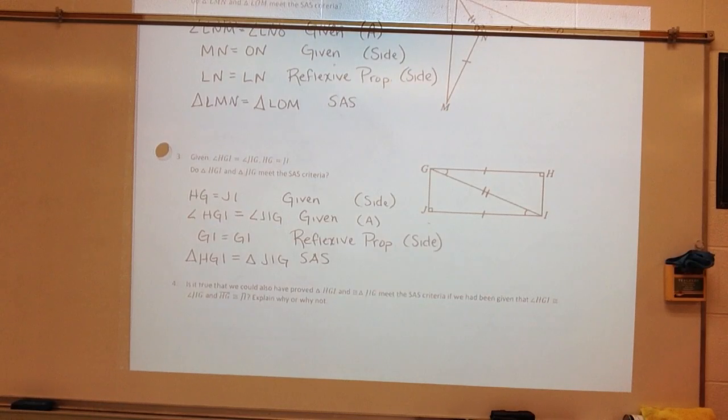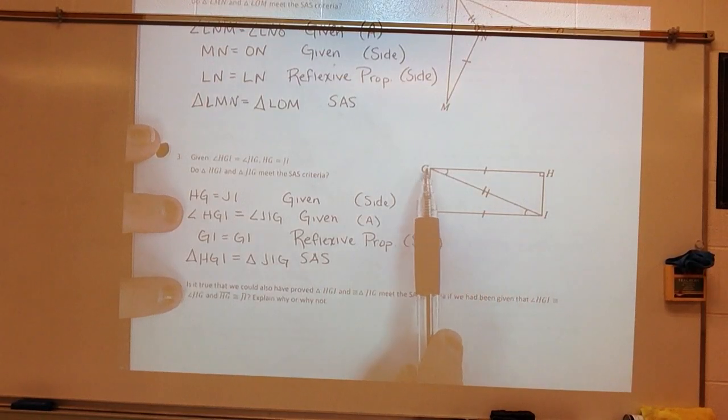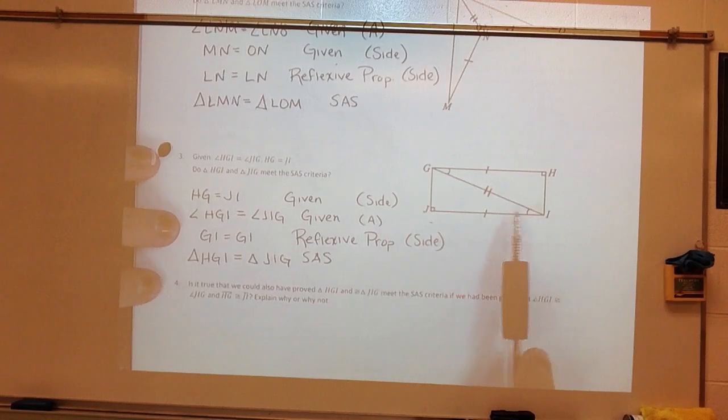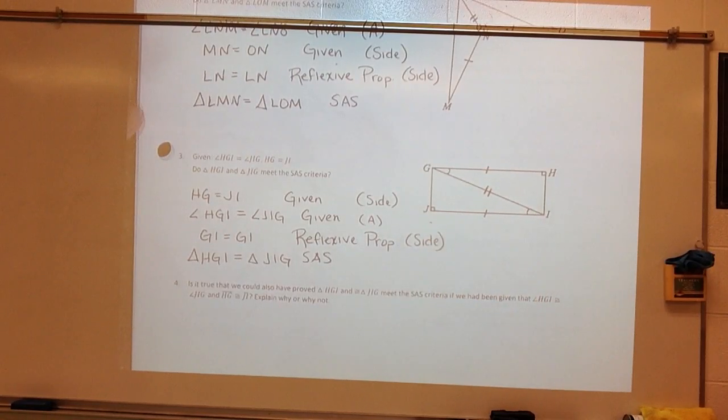If we had been given that the measure of angle HGI and JIG were equal, and that HG and JI were equal, well, that's the same information they just gave us. So I'm not really sure why that question is different. Unless I'm missing something somewhere.